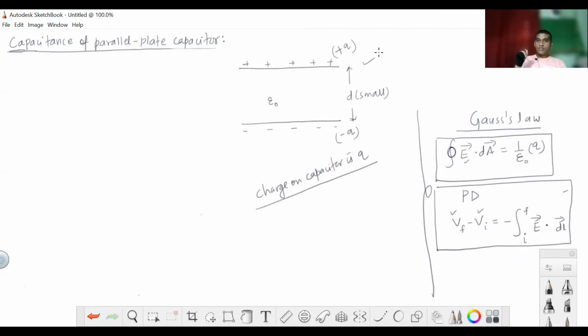So the charge on capacitor is the charge on positive plate of the capacitor. Here we have two plates containing equal amounts of positive and negative charge. This system is called parallel plate capacitor, and we have free space or vacuum between these two plates. For vacuum we take permittivity of free space, that is epsilon 0 or epsilon naught.